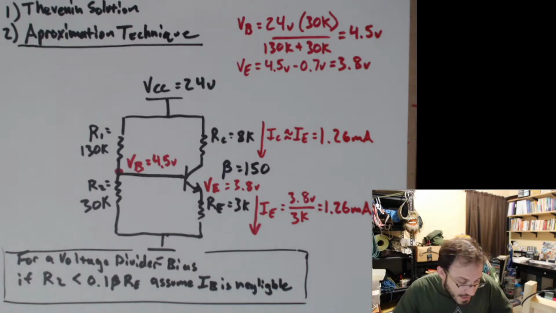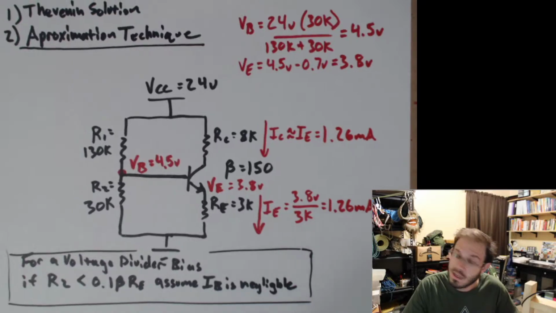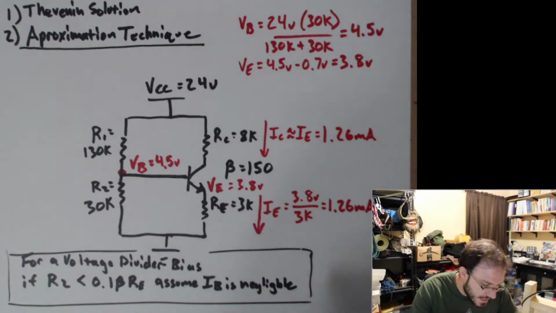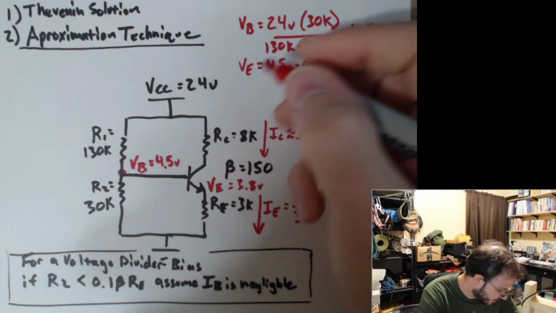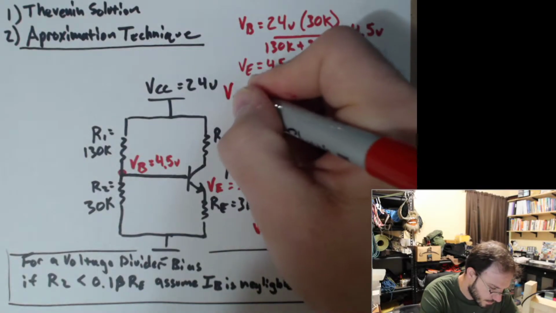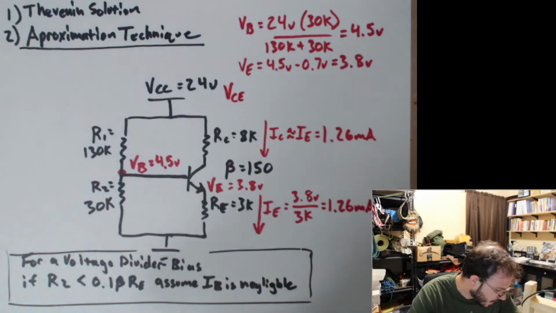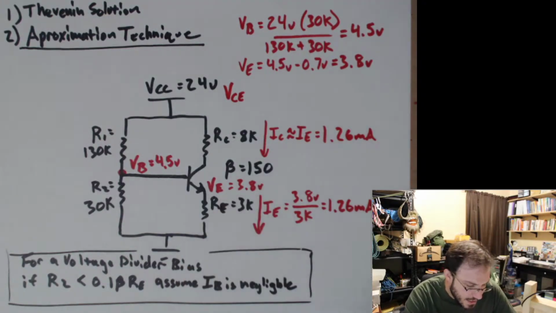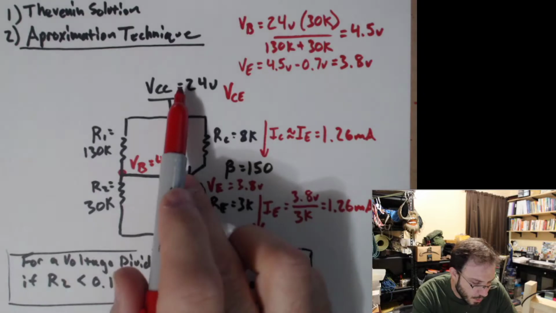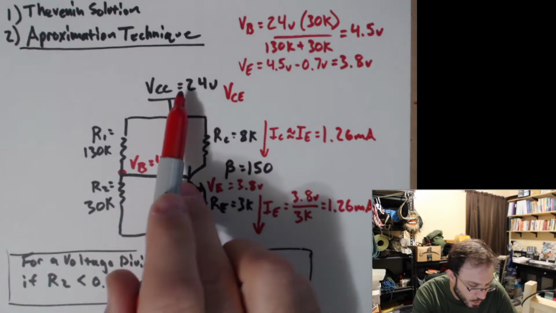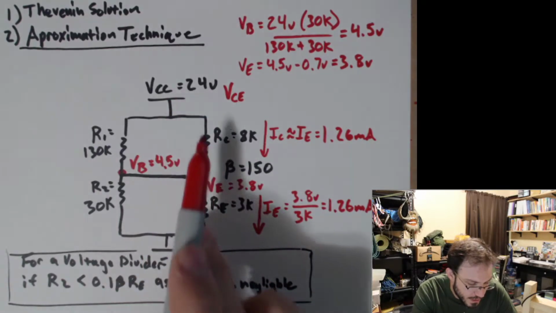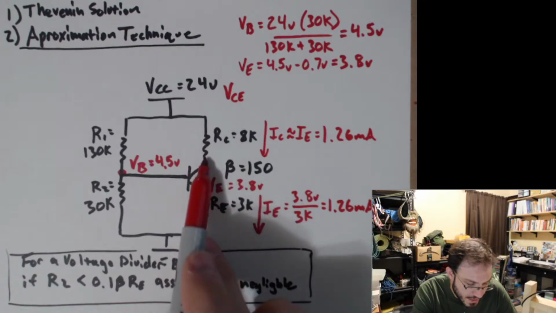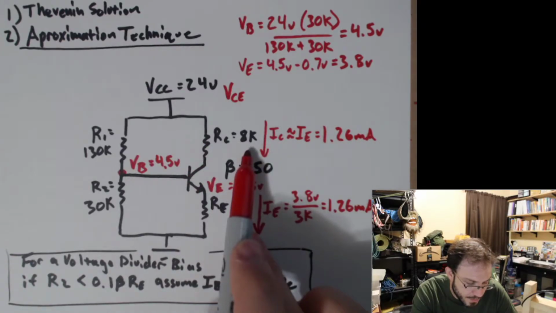The last thing that we need to solve for our operating parameter is the voltage between the collector and the emitter, so VCE. Now VCE is easy to solve for because we're just going to write out a KVL loop going from 24 volts minus the voltage drop across the 8K, which we can get from the collector current times the resistance of our collector resistor.